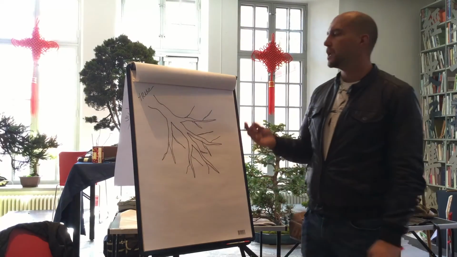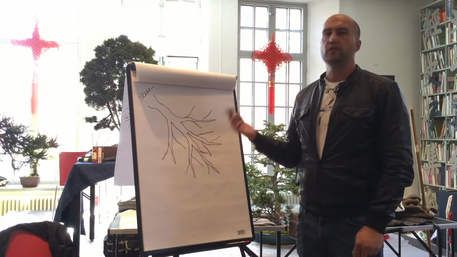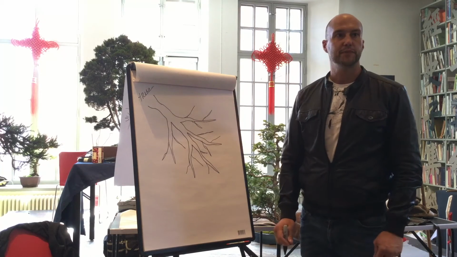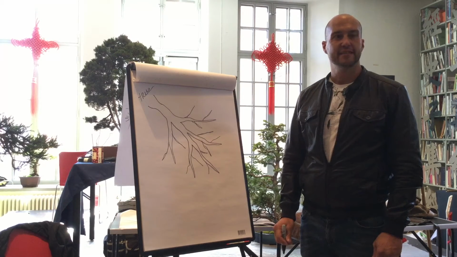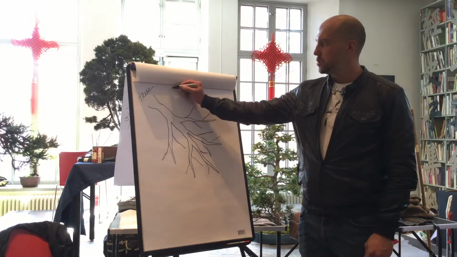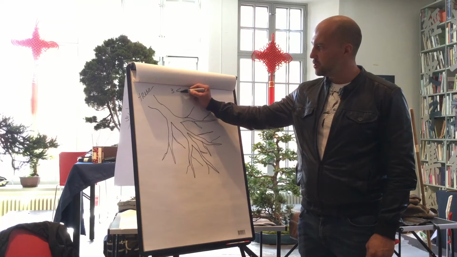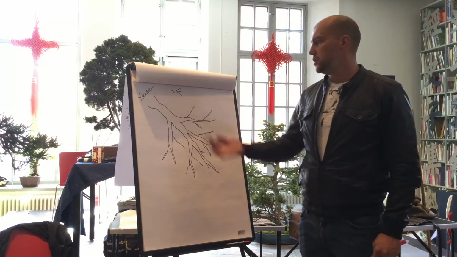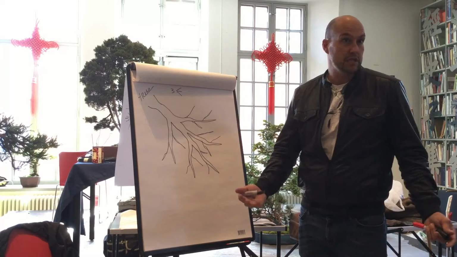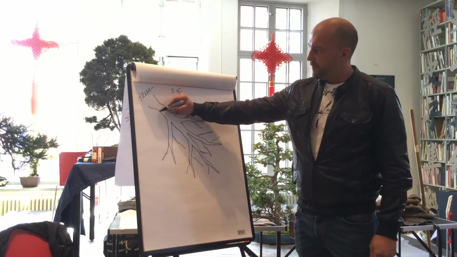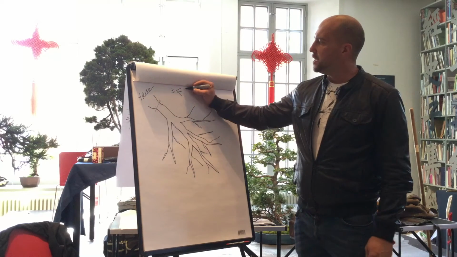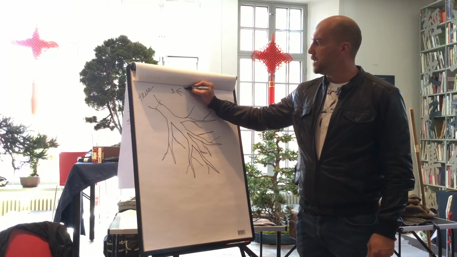So, how many orders of ramification do you see on this sketch? Three. Good. So we have 3 orders of ramification, right? So this means to wire this branch, we need 3 sizes of wire. It's easy, no? So we have the main branch that we say, okay, we need a number 3.